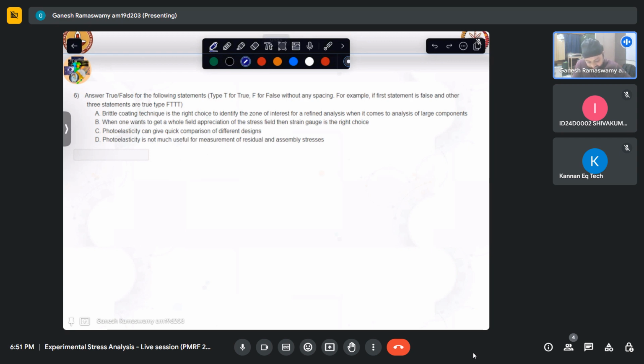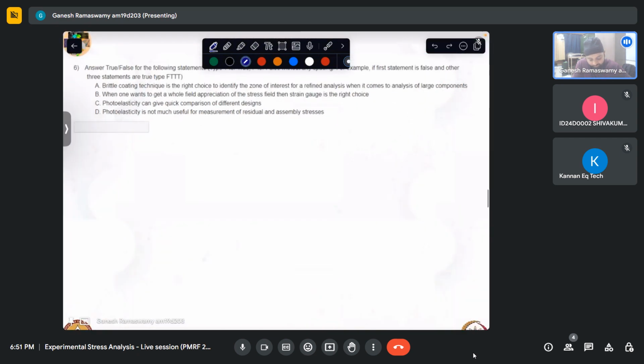Brittle coating technique is the right choice to identify the zone of interest for a refined analysis when it comes to analysis of large components. So if we have a large component, what will govern our design? Essentially, design of anything is based on certain criteria.